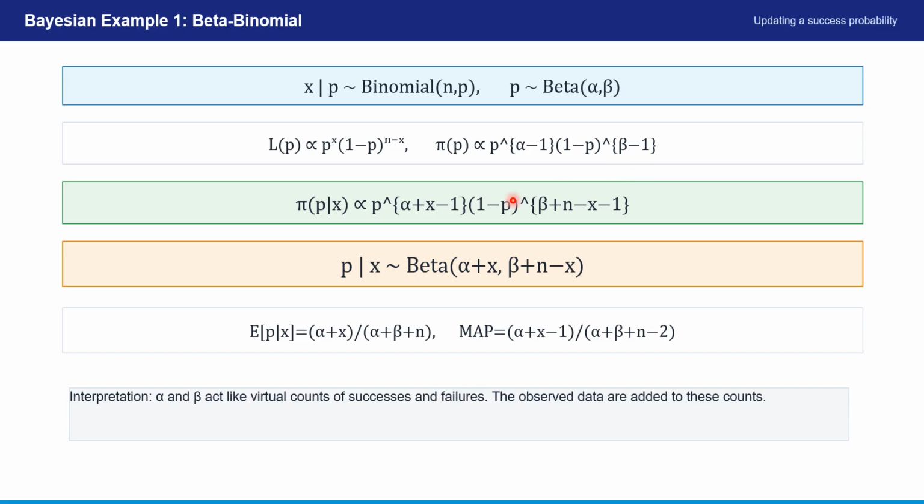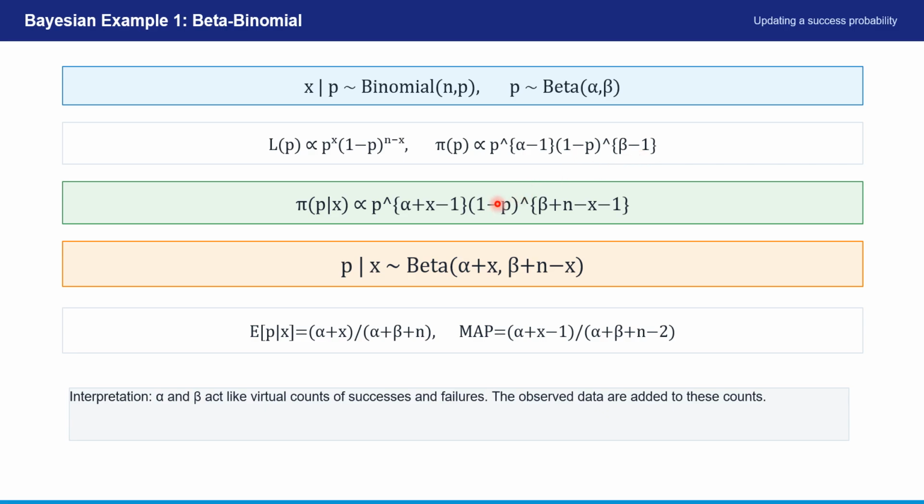The posterior is proportional to likelihood times prior, so pi of p given x is proportional to p^x times (1 minus p)^(n minus x) multiplied by p^(alpha minus 1) times (1 minus p)^(beta minus 1).